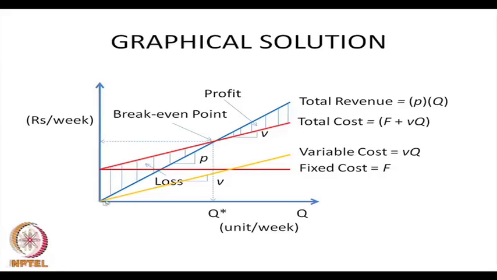So, this is the loss zone. Therefore, the company is interested to know what is the break-even point, such that it should plan to produce more than this break-even quantity to be able to make profit.